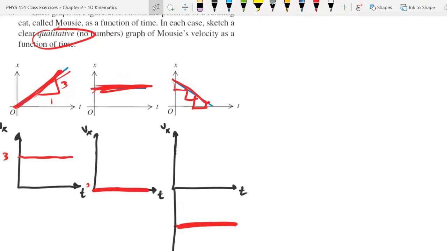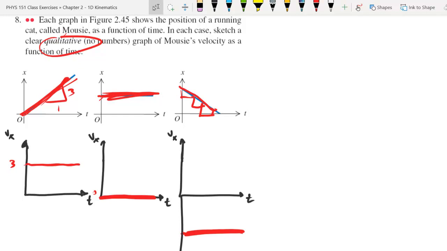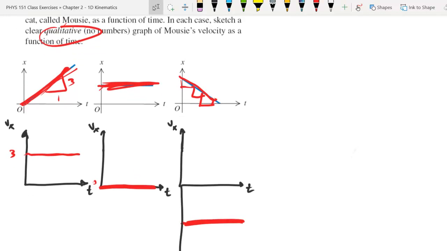So there's some translating position versus time to velocity versus time, which we always have to do in one-dimensional motion. If I had a y position here, then I would need another plot here for Vy versus time, right?